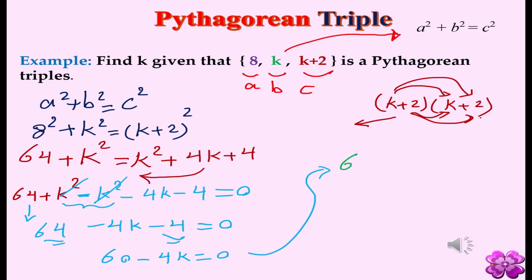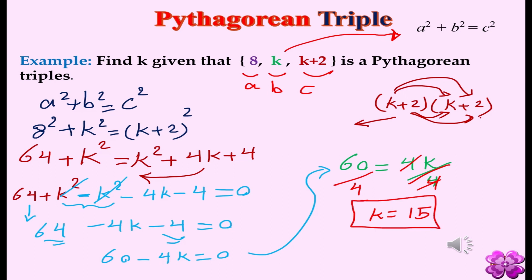So therefore I have 60 equals 4k. Divide both sides by 4, so k is nothing but 15. 60 divided by 4 would be 15. Therefore k should be 15.